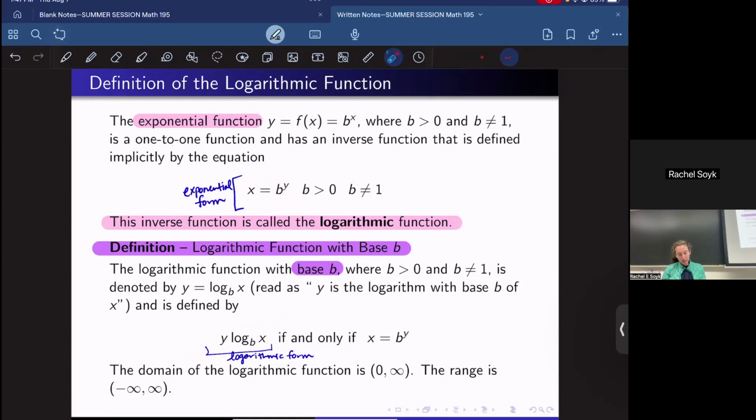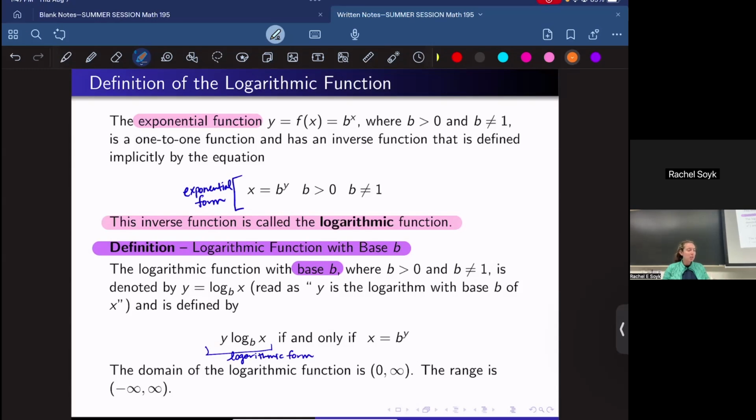And then last but not least, when referring to the domain, think about back to inverses of regular functions and the relationships between domain and range. It's flipped, right? If you have a function f of x is equal to x plus 5, that's a linear function, so you know your domain's going to be all real numbers.